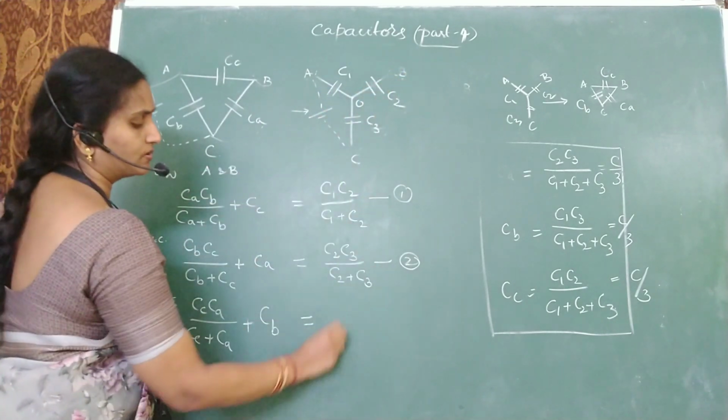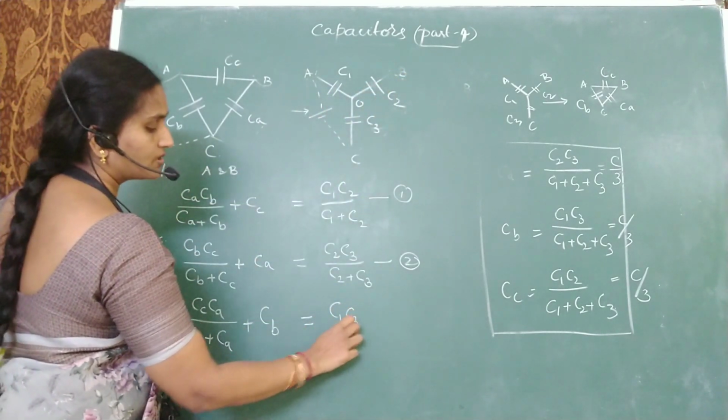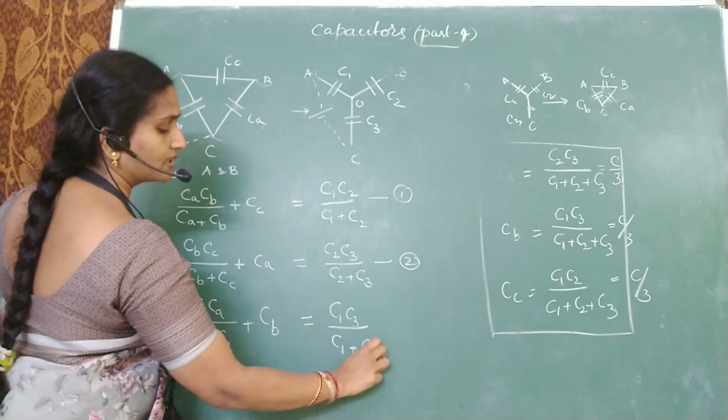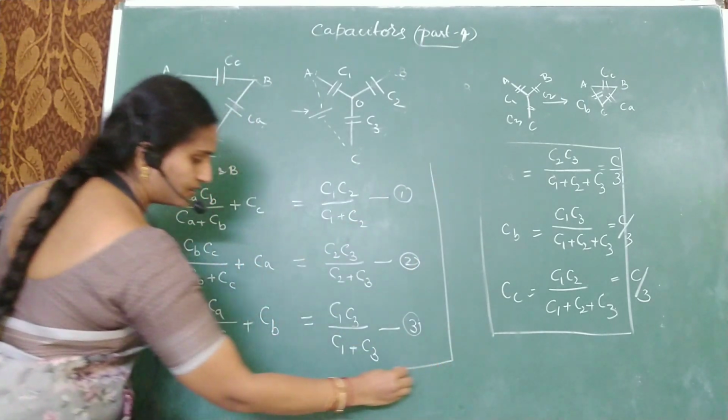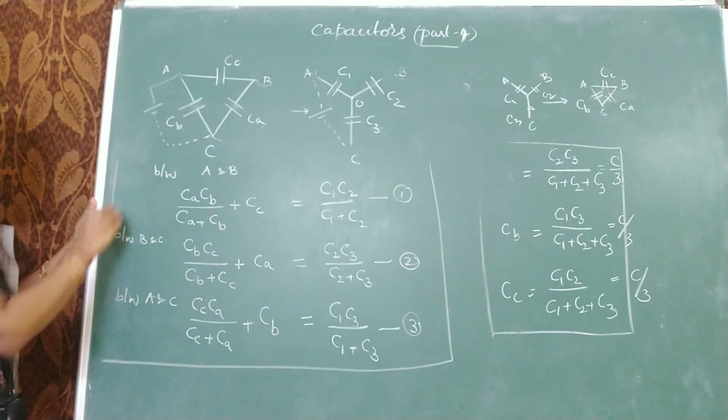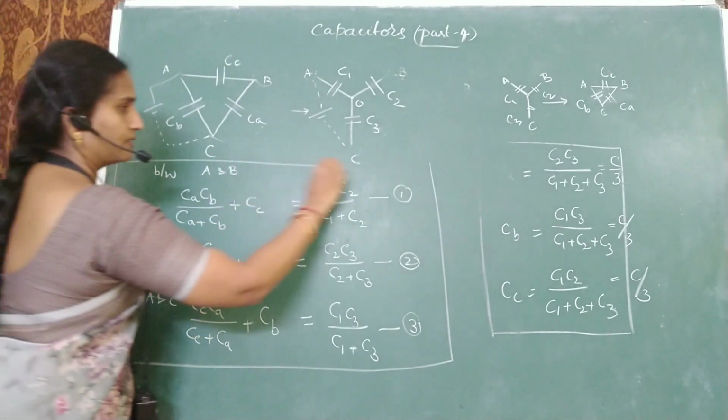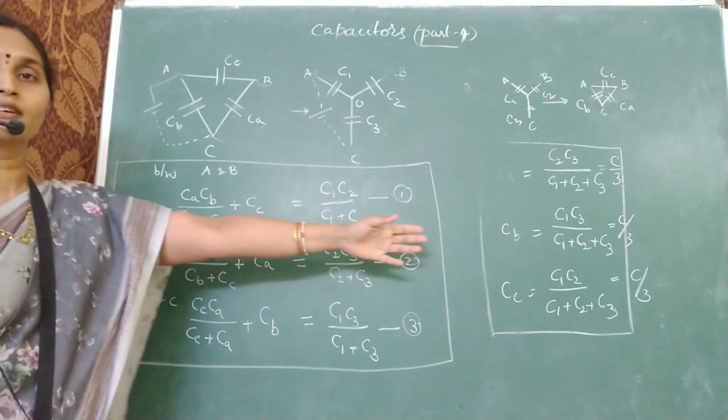No charge will flow through C2. So C1 into C3 by C1 plus C3. Call this equation 3. So these are the three relations which we'll be using to get our required results.